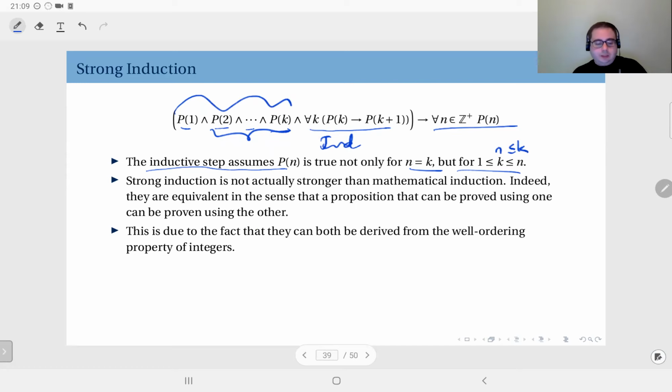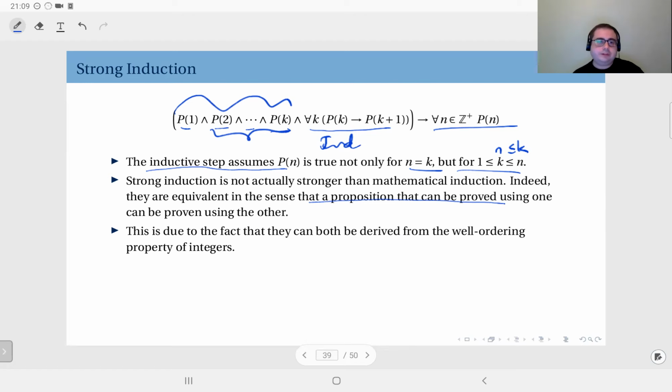Okay? Now, the name is strong induction, but strong induction as an argumentative tool is not stronger than mathematical induction. Okay? Actually, they are equivalent, in the sense that a proposition that can be proved using one can be proven using the other.